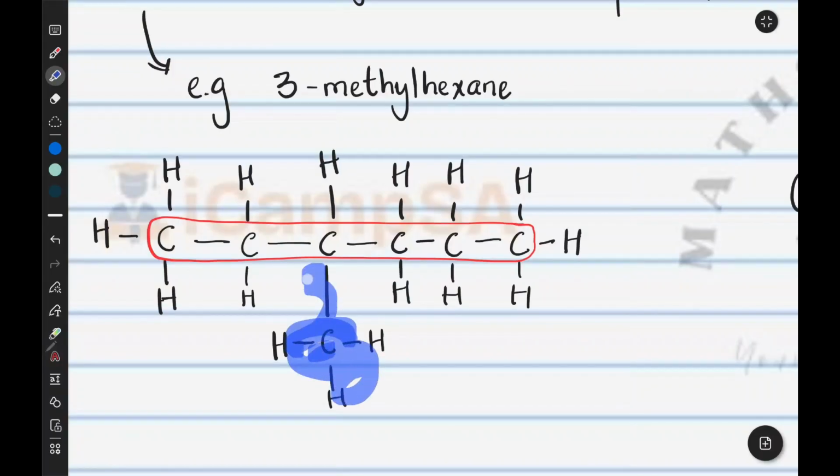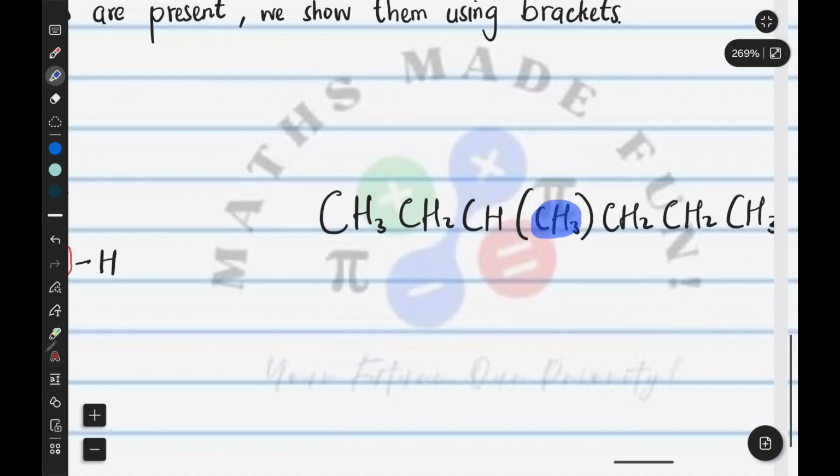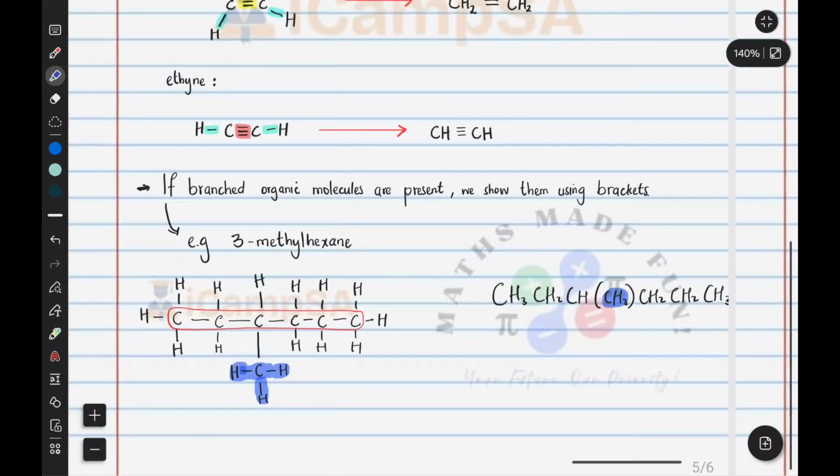We have the long chain and then there's something outside of it. Okay, so this is how you show that branch. See, it is CH3 and it's exactly CH3 here as well. Okay, it's one carbon attached to 3 other atoms. All right, so we will learn more about this in depth later on. All right, so let us continue.